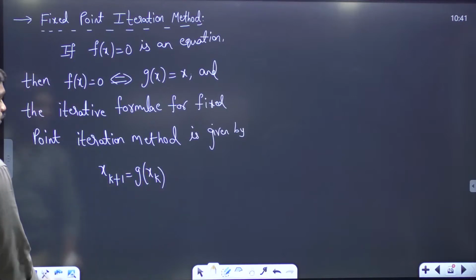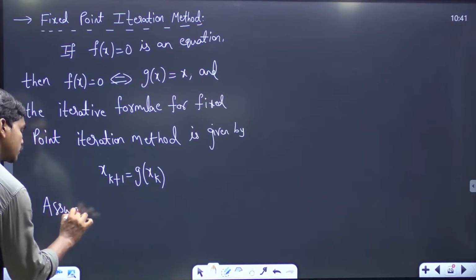So once you make an initial guess, assume x naught as the initial guess.